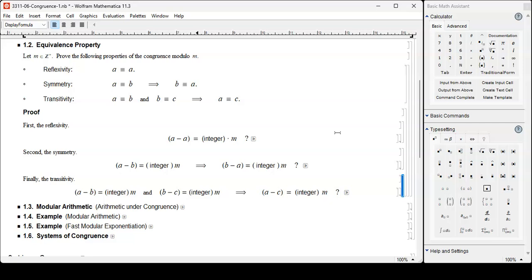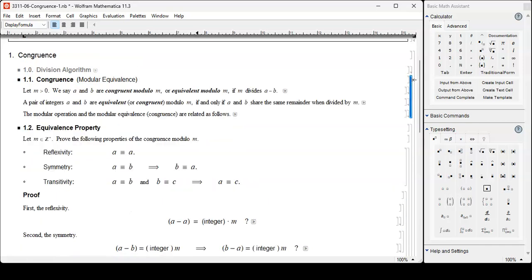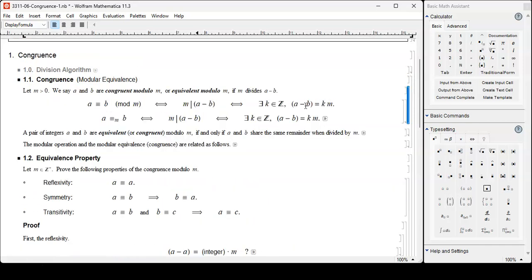Now remember, in the definition, m is a factor of a minus b. So m divides this, so m times some integer. This some integer is associated to an existential quantifier. See that?